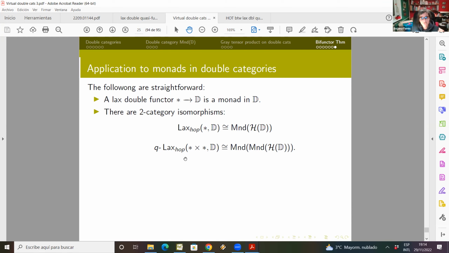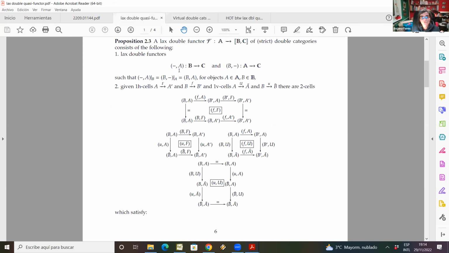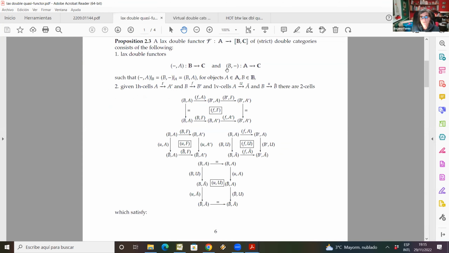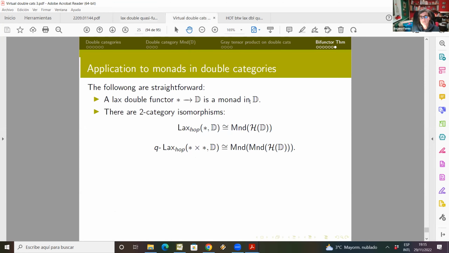A lax double quasi-functor, as I said here, consists of these two lax double functors and a bunch of data. But now in our case, these domain double categories are trivial. So looking here, this B is trivial and A is trivial. And then remember this first sentence, you just get monads in D. So on the left here, you already have two monads.